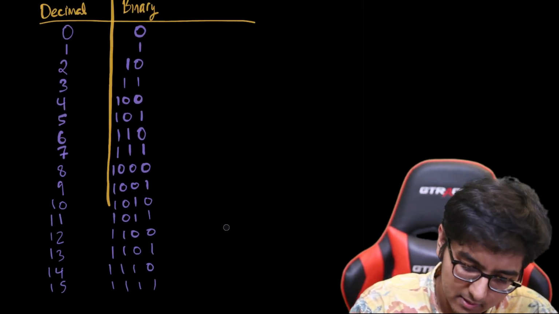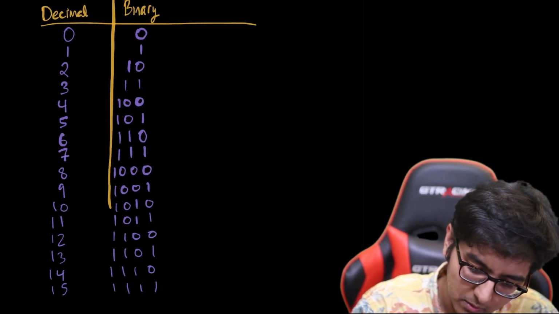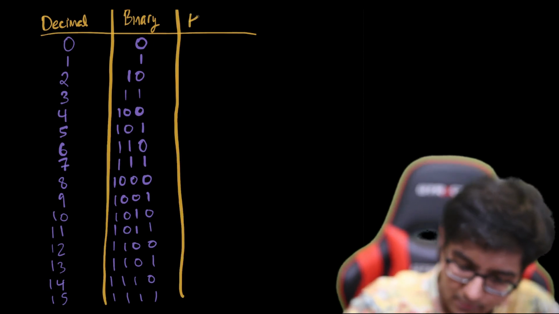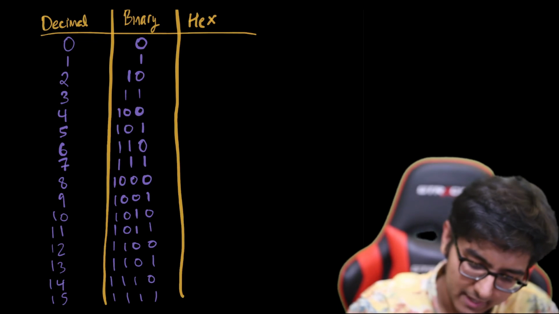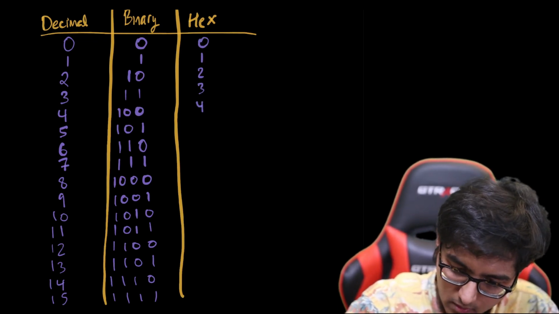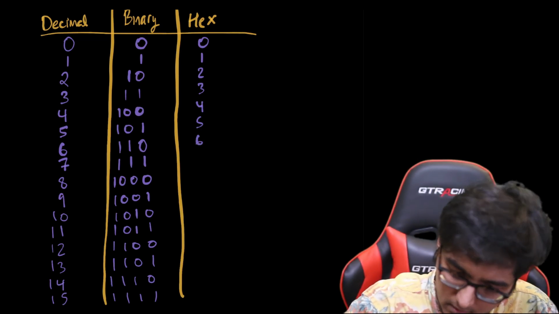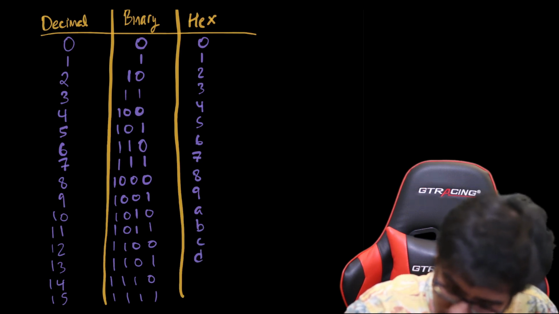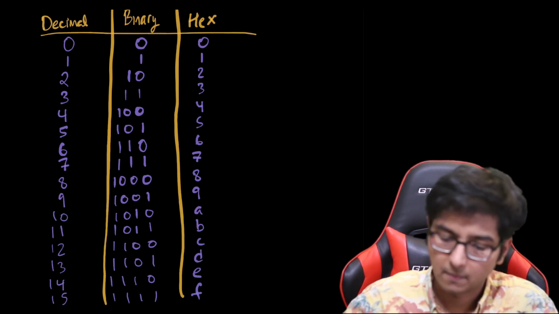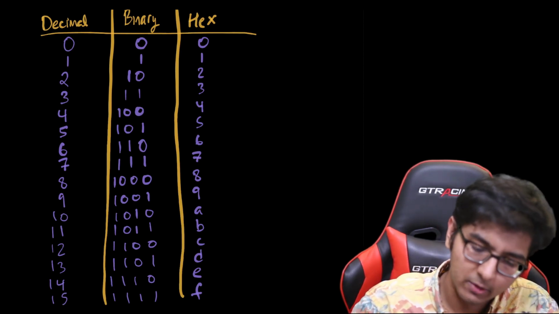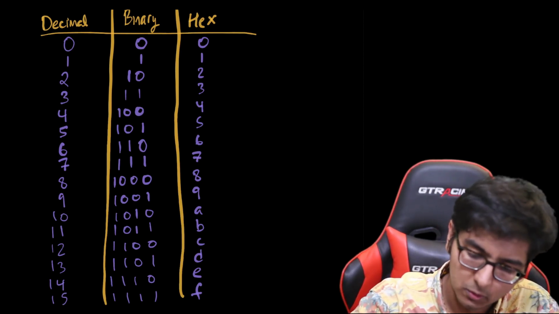And let's start listing out the hexadecimal values right next to it. So if we were to list out the hex values, we'll find out that these are 0, 1, 2, 3, 4, 5, 6, 7, 8, 9, A, B, C, D, E, F. Well, remember, a binary numbering system is base 2.